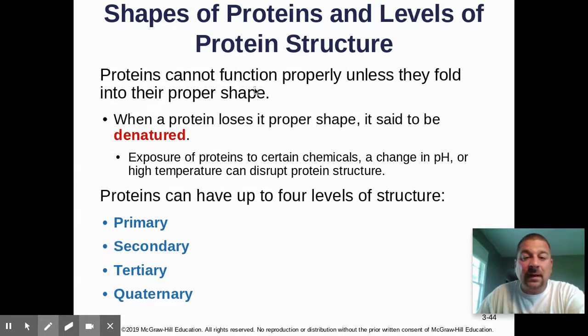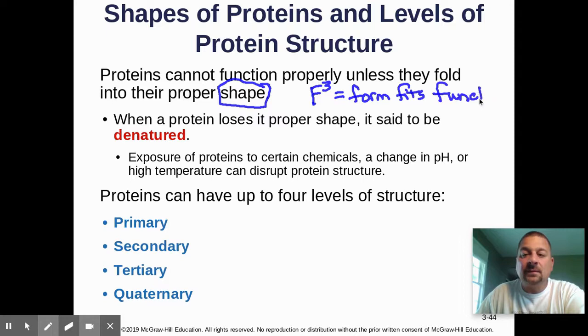When we talk about the structure or shape of proteins, that is very, very important. Proteins must have a proper shape. I'll refer to this idea of F cubed, which means form fits function. That happens a lot in biological systems, where the form or shape of the protein fits its function.